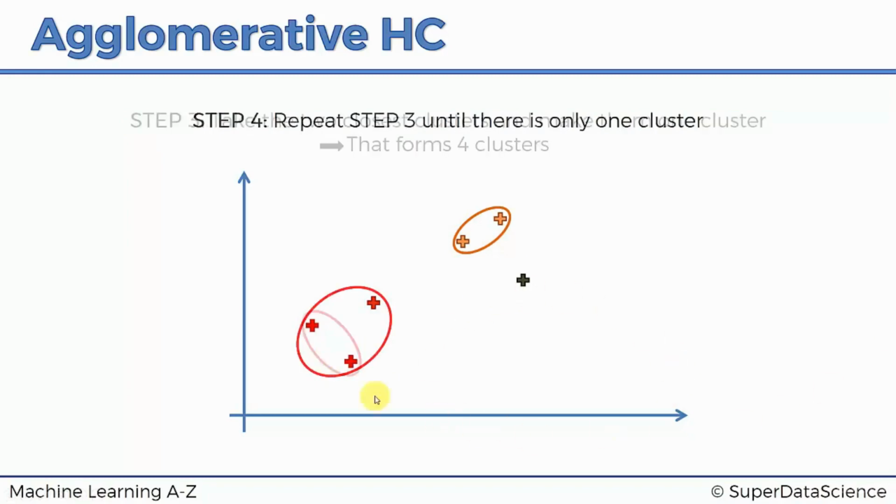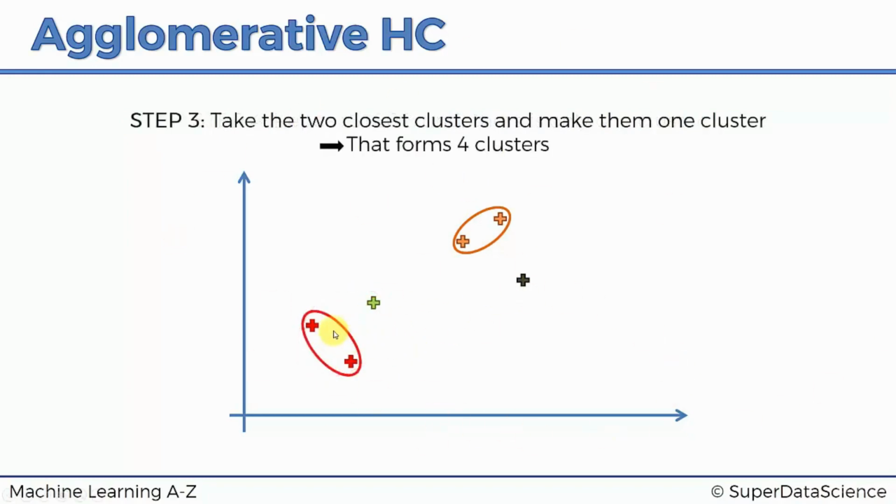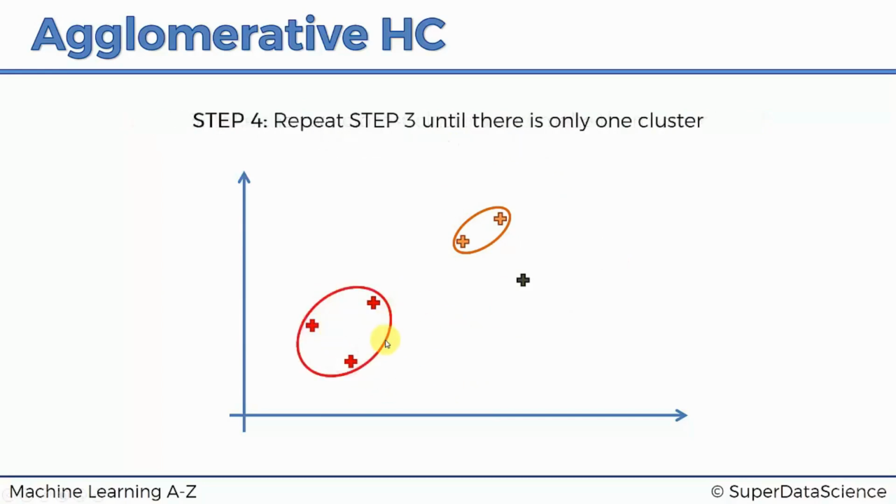Next, you repeat step 3. So next, out of these 4 clusters, so you can see we had 5, now we have 4. Every time you're reducing the number of clusters by 1. Out of these 4 clusters, which are the closest? Well, this seems the closest, so we're going to combine that. Now, out of these 3 clusters, which are the closest? Well, it looks like these 2 are, so you're combining them.